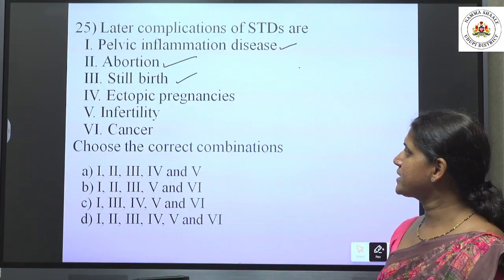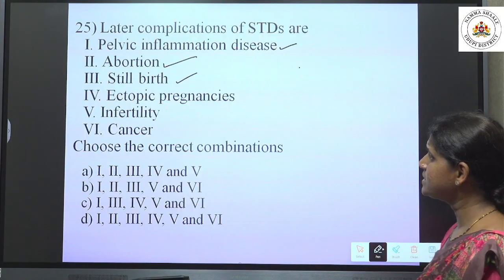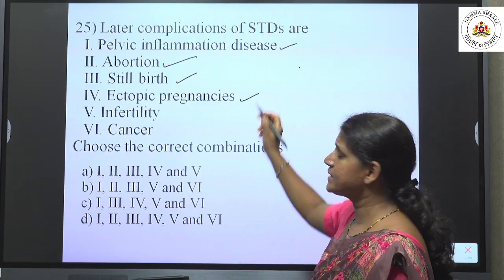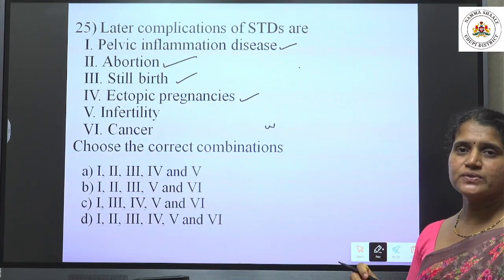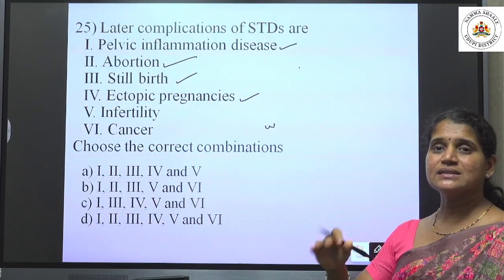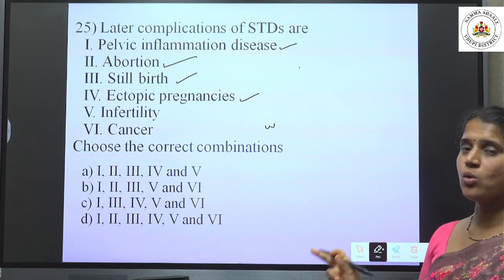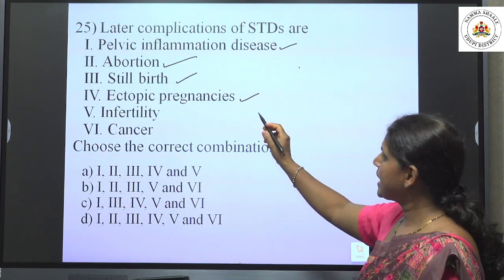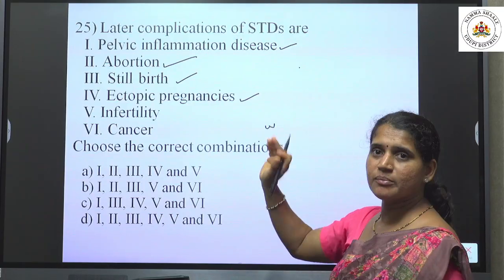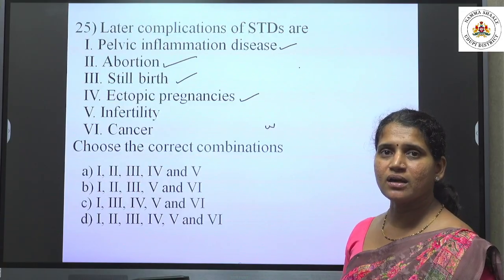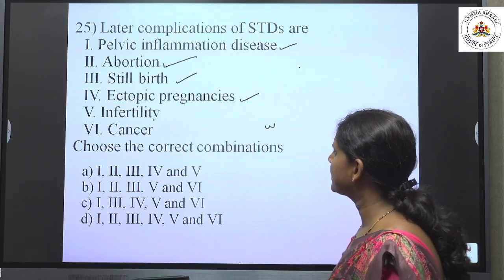And then ectopic pregnancy, that is the implantation of the blastocyst at a place other than the uterus, especially in the fallopian tube. If the blastocyst implants in the fallopian tube, it is called ectopic pregnancy.